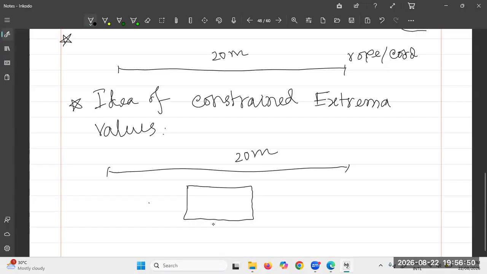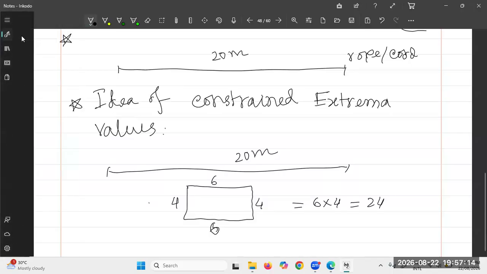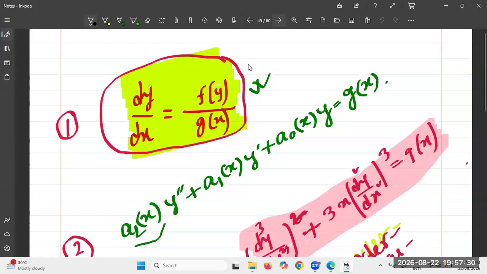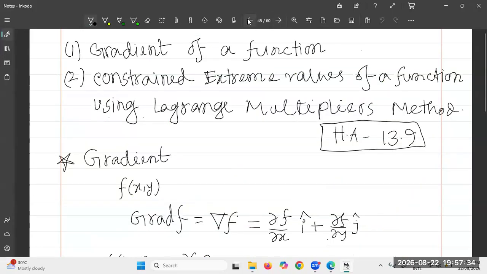So in that case we can consider, let's say length is 6, breadth is 4, then the total area of this rectangle is basically 6 times 4 equals 24.